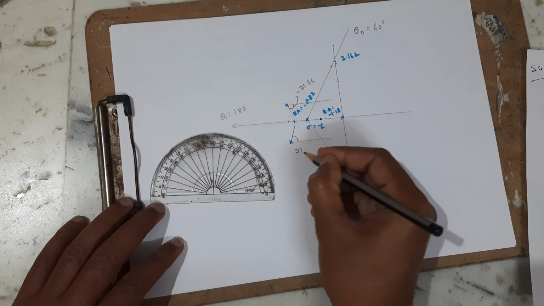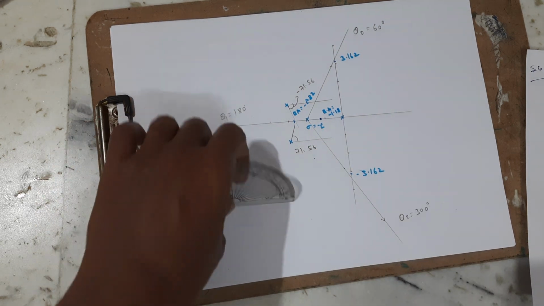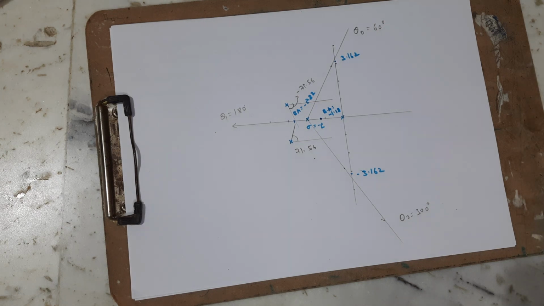It is 71.56. So this is how I am going to draw this. As we know, all of these are going to end at infinity because we don't have any zeros, all these are going to end at infinity. So next thing is to draw the plot.